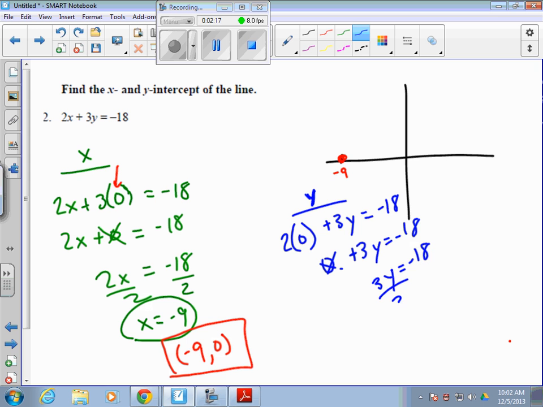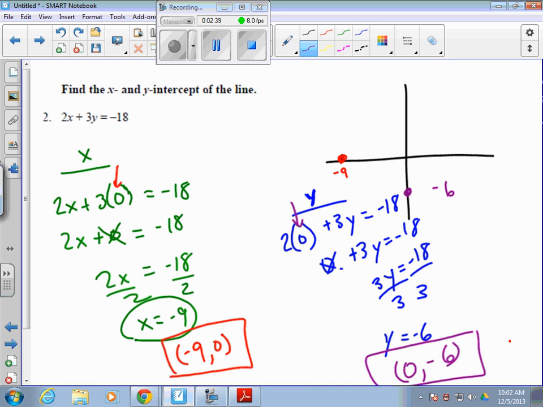When you divide by 3, you get y equals negative 6. So again, it's x comma y. We plugged in 0 in place of x, so 0 comma negative 6 is your y-intercept, or at negative 6.